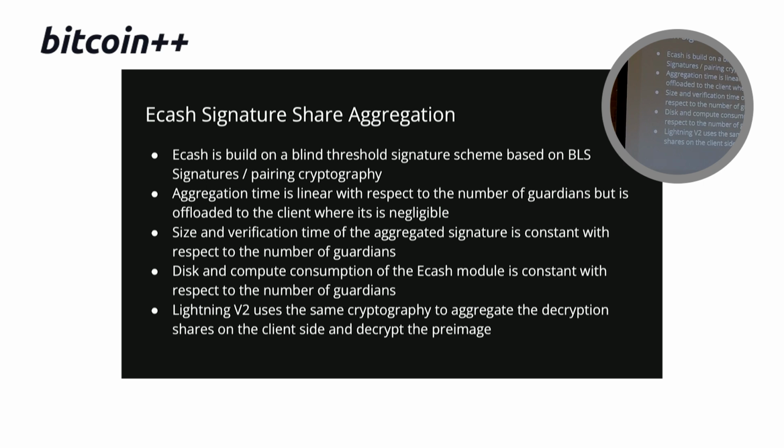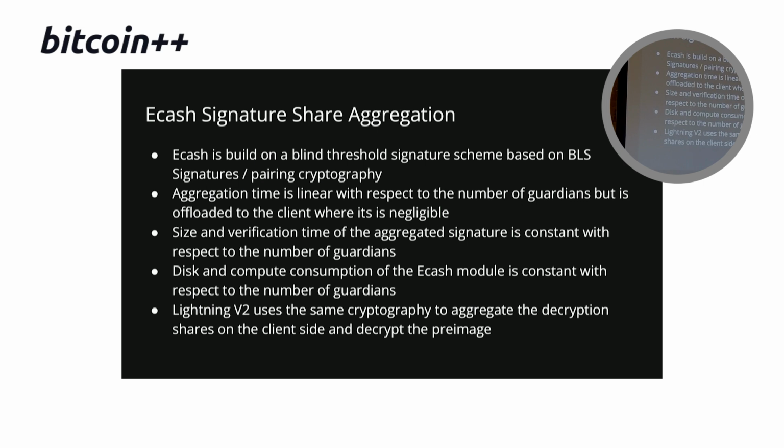We push this aggregation out to the client, because the aggregation is actually the compute it requires, and the number of signature shares it requires is linear in the number of guardians, and we don't want this on the server side. For a client, it's negligible in performance. However, if you had hundreds of transactions a second on the server, then this would become an issue.